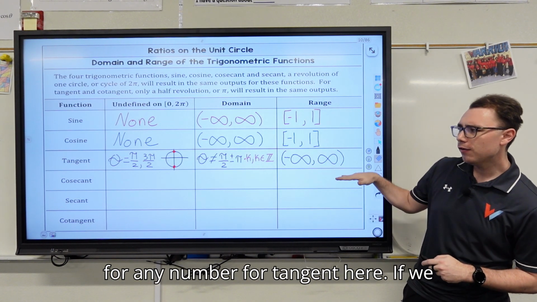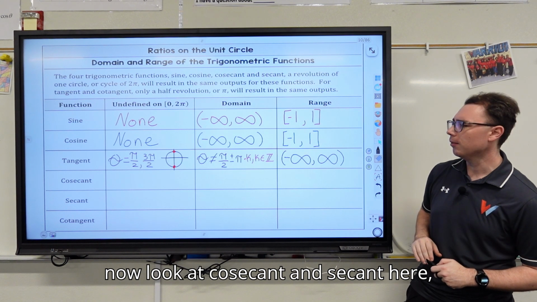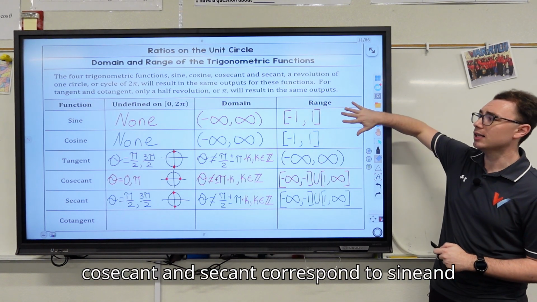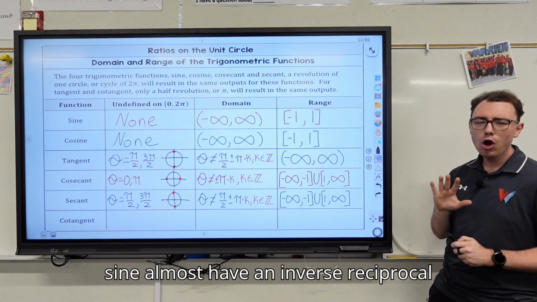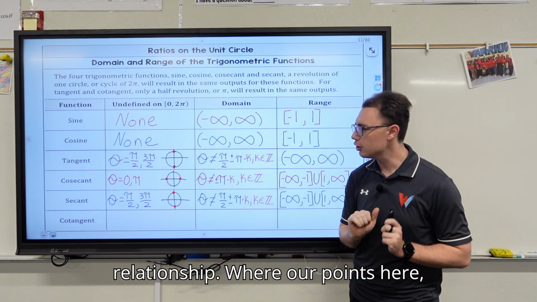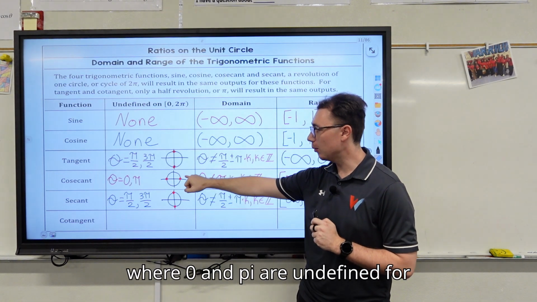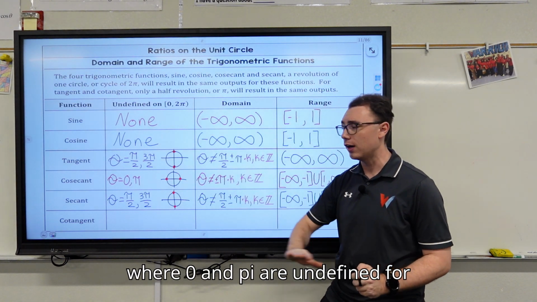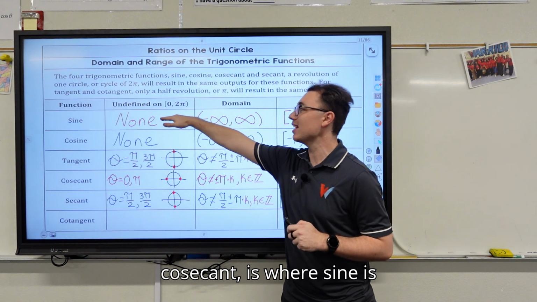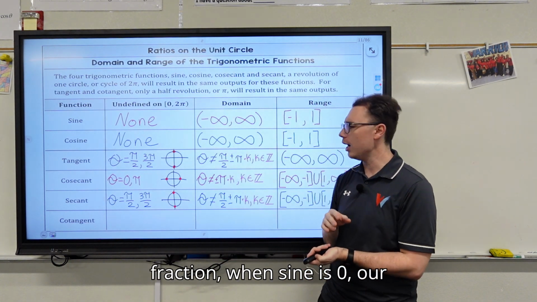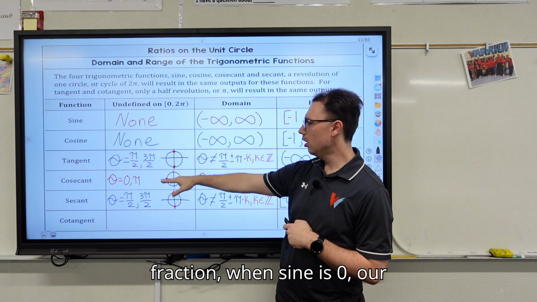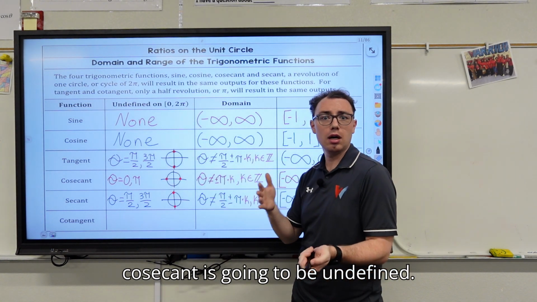If we now look at cosecant and secant, they correspond to sine and cosine, where cosecant and sine almost have an inverse reciprocal relationship. Our points where 0 and pi are undefined for cosecant are where sine is 0. So for that reciprocal fraction, when sine is 0, our cosecant is going to be undefined.